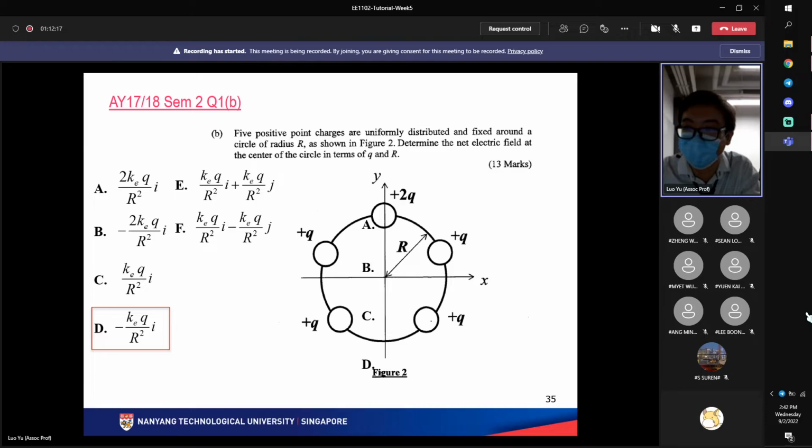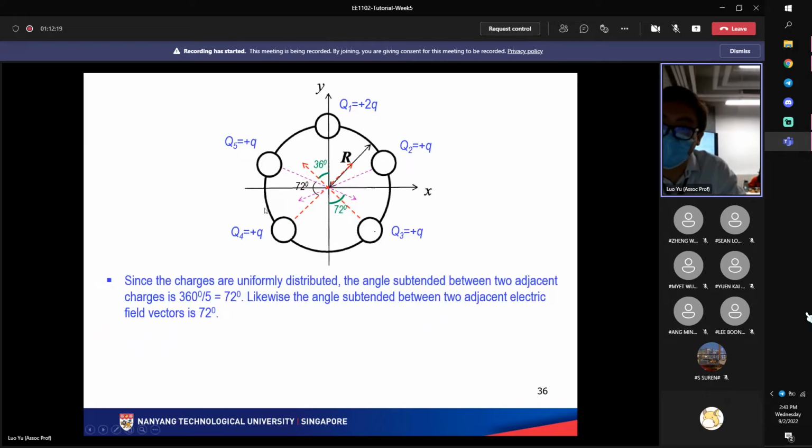We should choose D. Why D? This is because, first, you look at the symmetry.